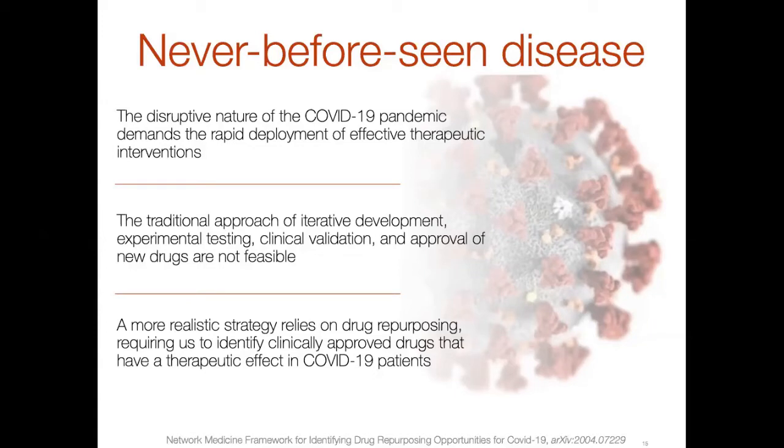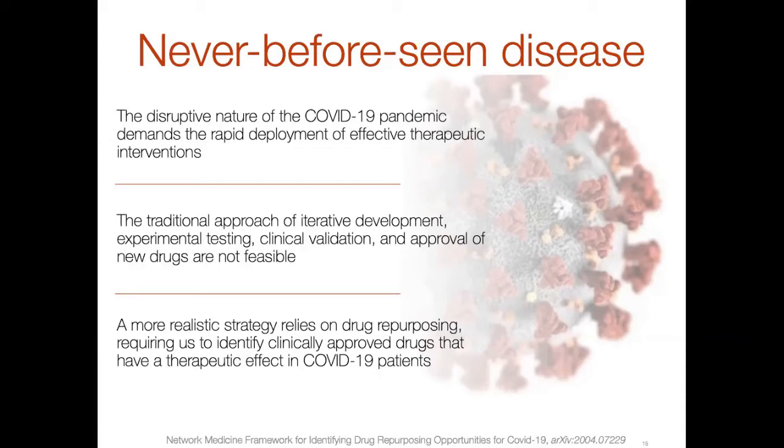So in particular, because of the disruptive nature of the COVID-19 pandemic, it seems very hard to expedite the process of drug development in the context of developing a molecule from scratch, so much that it would be possible to get a new drug developed completely from scratch in such a short period of time. And because of that, this exactly creates opportunities for drug repurposing.